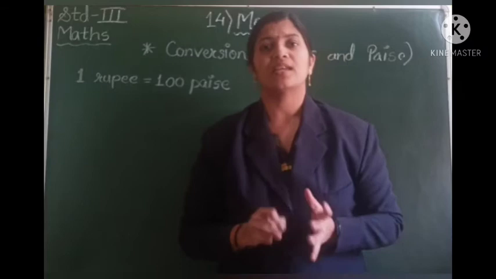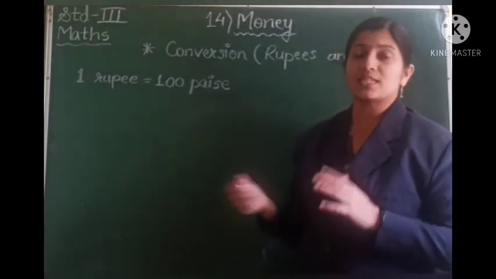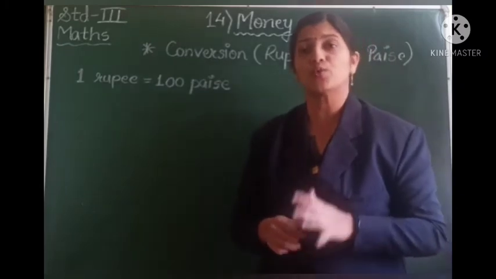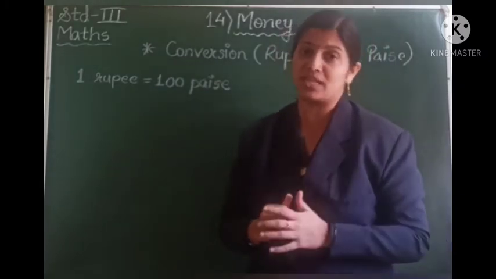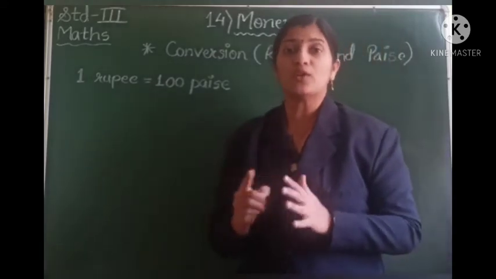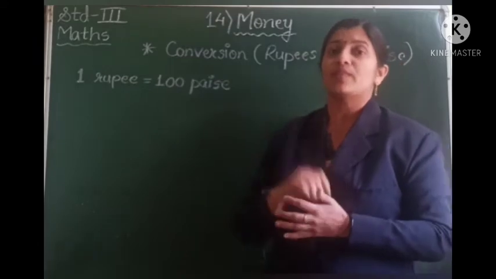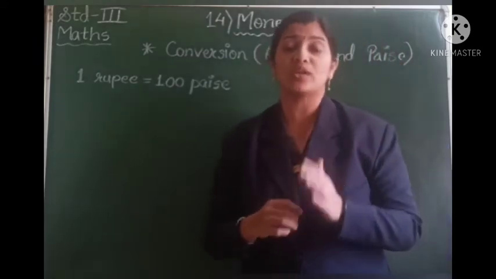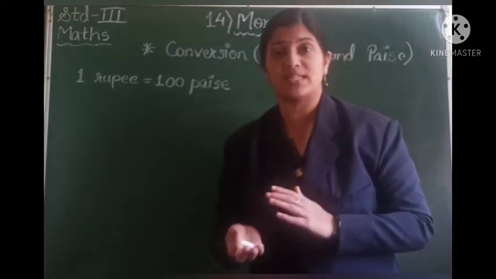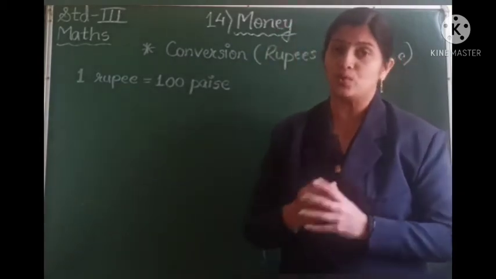So students, now let us solve one of the subtopics from this lesson, money. First we are going to see conversion of money, that is rupees and paise. 1 rupee is equal to 100 paise. Now we are going to see how to convert rupees into paise, and next we will see how to convert paise into rupees.